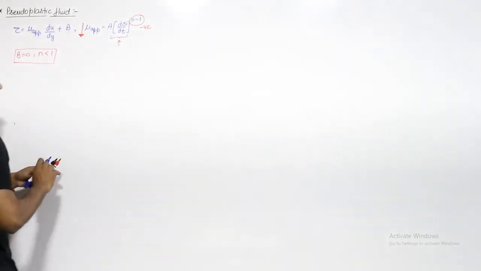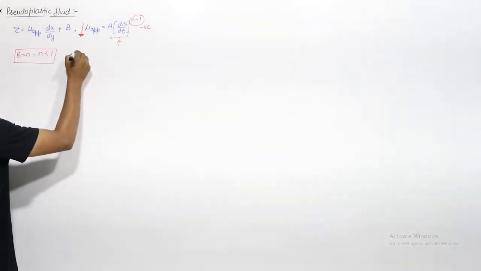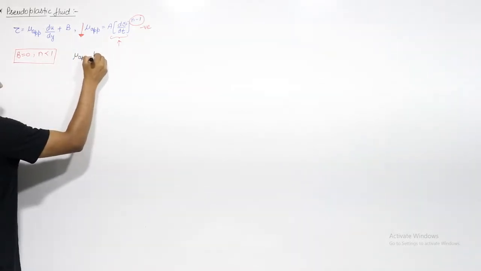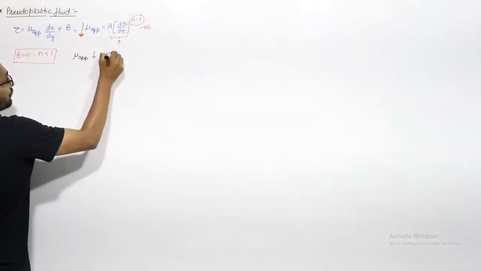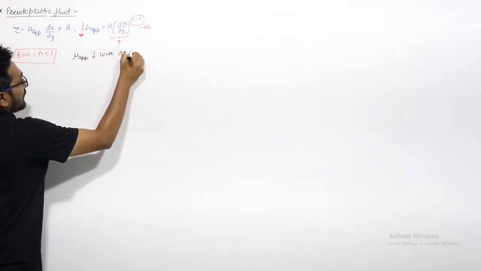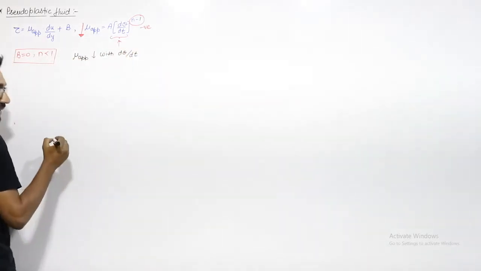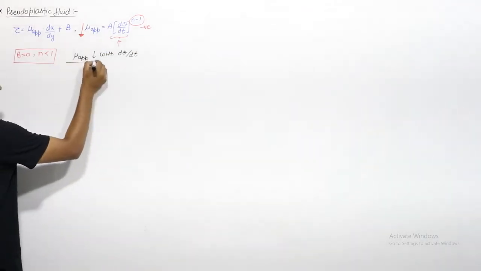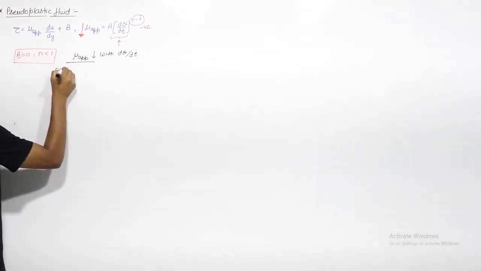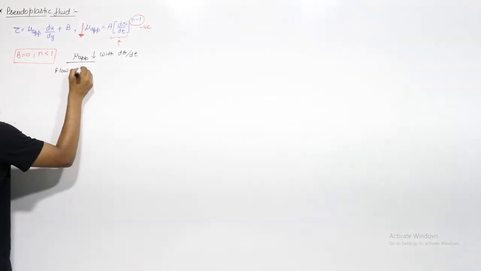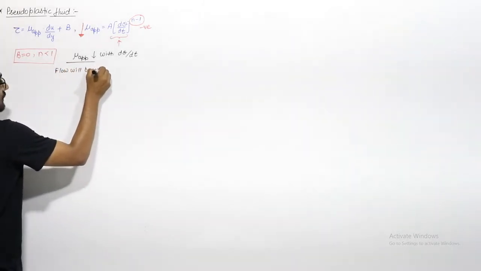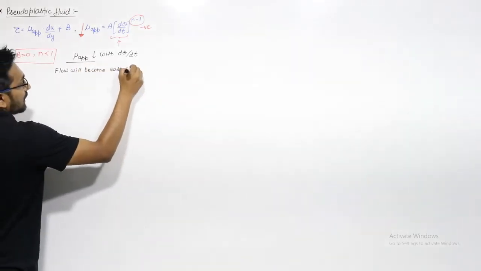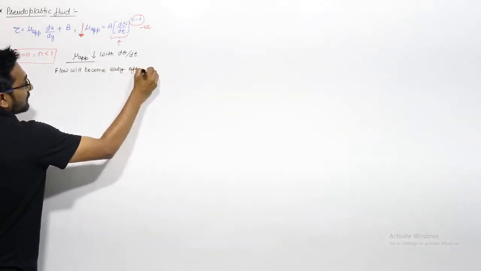So you can write here that in the pseudoplastic, your apparent viscosity is decreasing with d theta by dt. If the viscosity is decreasing, the flow will become easy after some time.